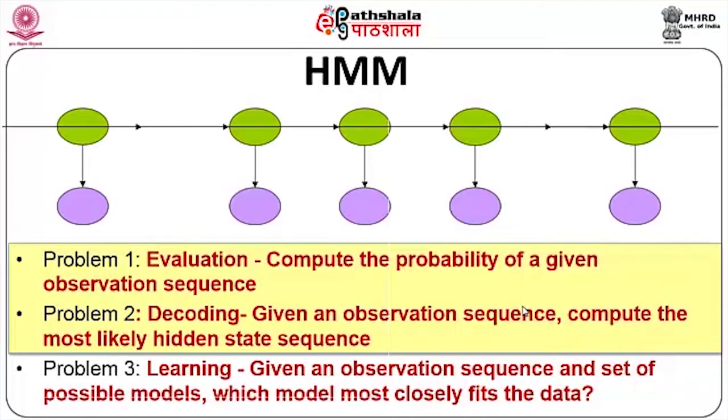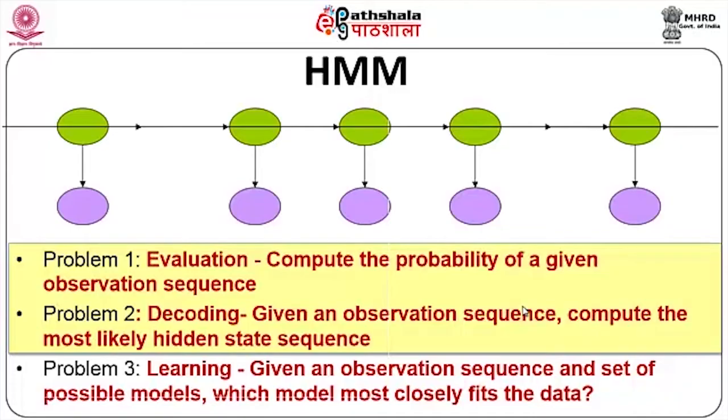Now, please note what is the meaning of this in terms of POS tagging. Remember, part of speech tagging is you have words and you have the part of speech tags. Now, the words are the observation, the part of speech tags are the states. So, compute the probability of a given observation sequence means: the man eats the carrot. So, what is the probability that that particular sentence will come?